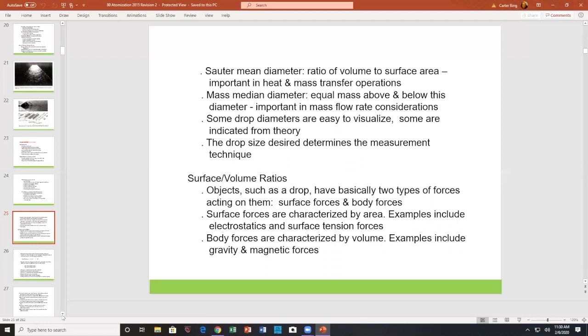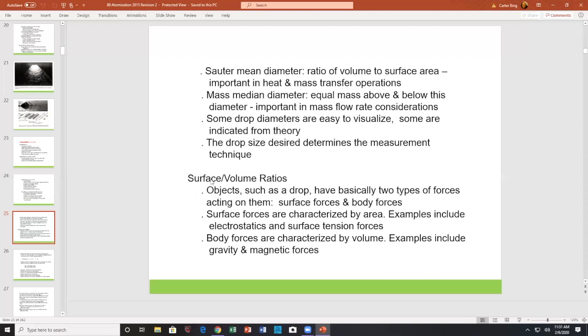Now, this is a very important concept, this right here. Basically, the surface to volume ratios, okay? This goes throughout engineering. Usually you have a process that's dependent upon the surface, and then you have perhaps the size of the job, which is dependent upon the volume, or a volume process.